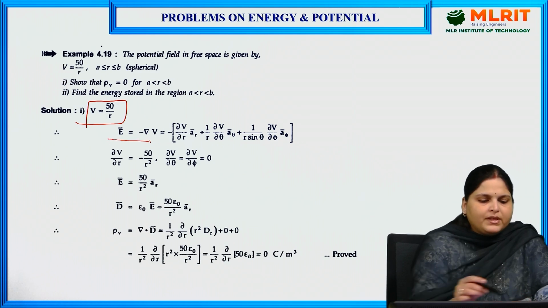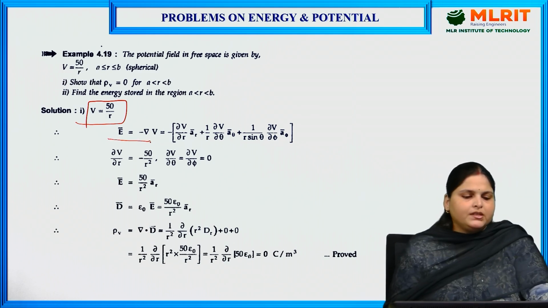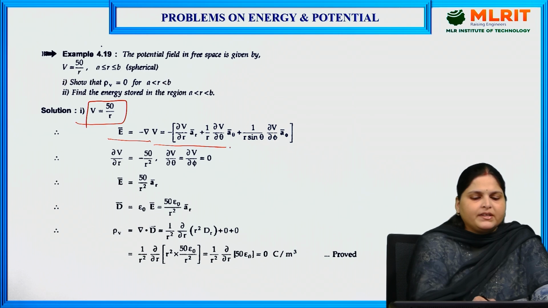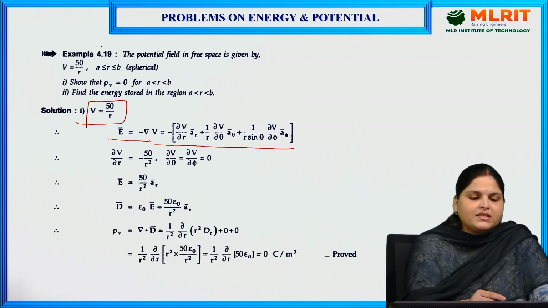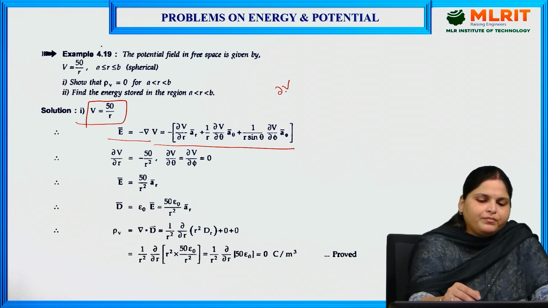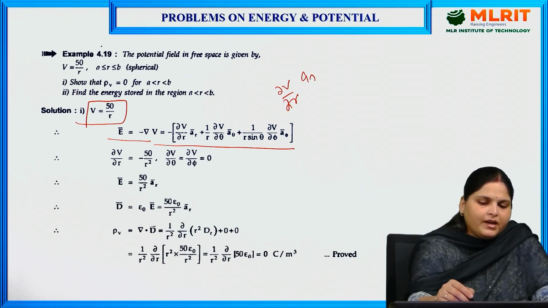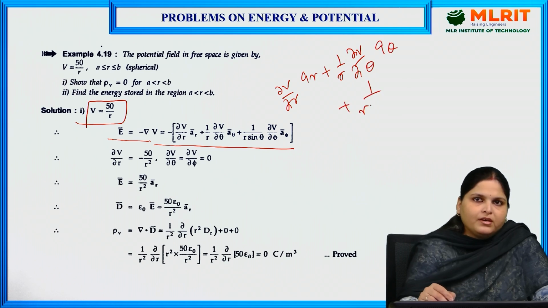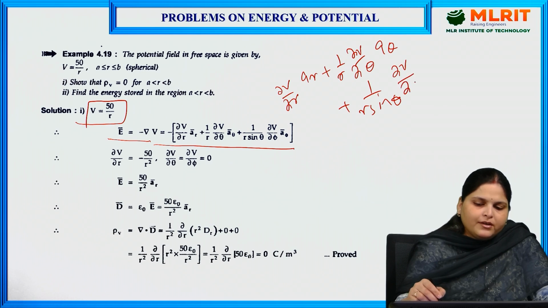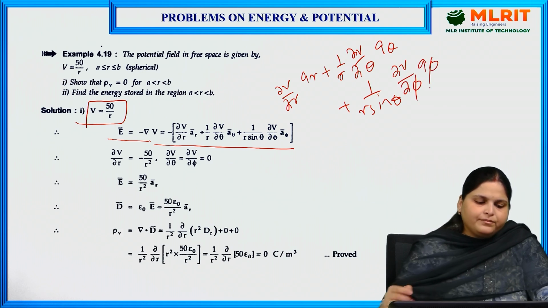Right, so let's use this formula. E is equal to negative gradient of V, and for a spherical coordinate system, the del operator is dou V by dou R AR plus 1 upon R dou V by dou theta A theta plus 1 upon R sin theta dou V by dou phi A phi.